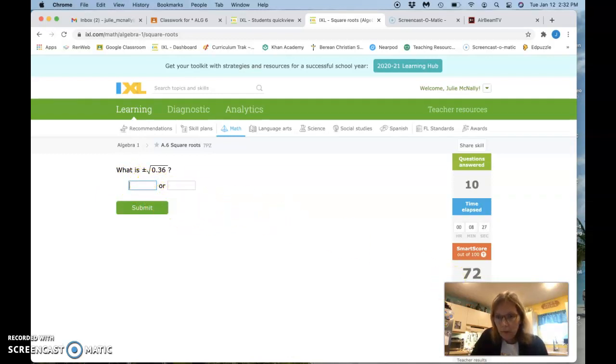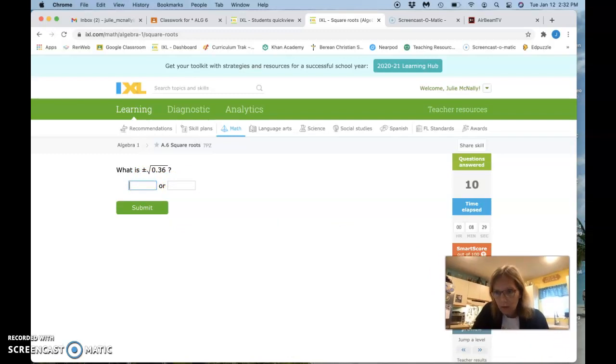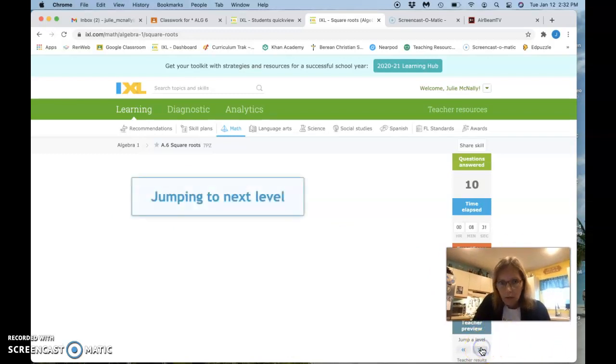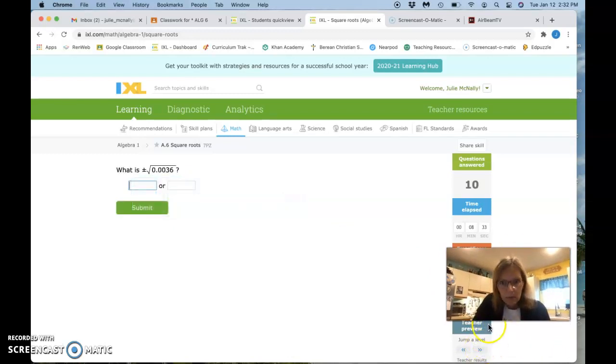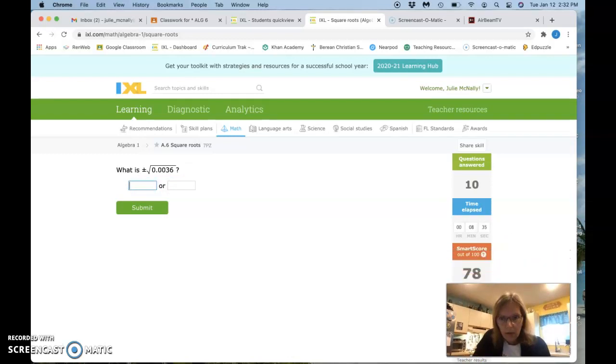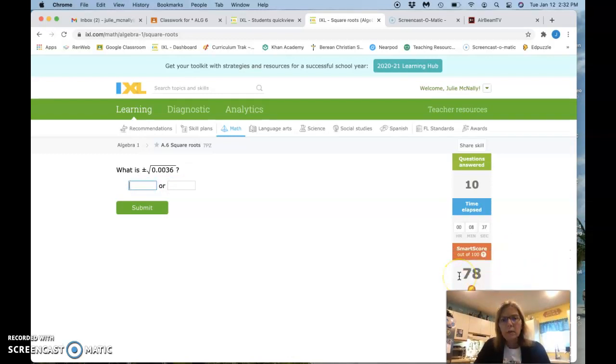So I'm going to skip ahead again and see what other problems we have. Okay, these get trickier because they're decimals, but if you just enter it in your calculator just like it looks, you should be able to get the answer with no problem. So I got 0.06, and then it would be negative 0.06.